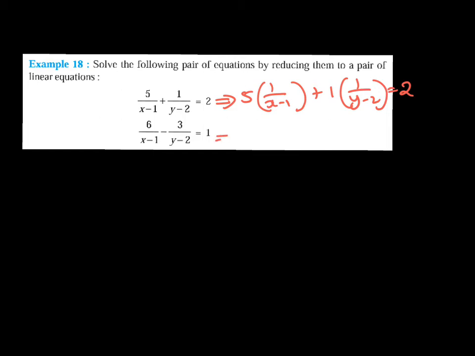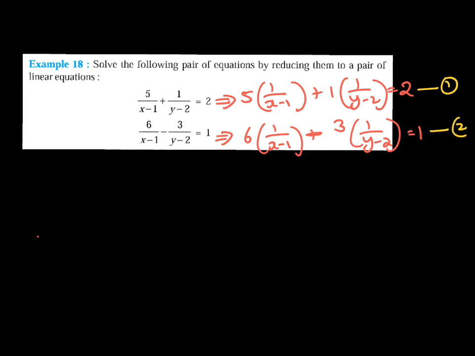And the second equation, let me write it as 6 times 1 over x minus 1 minus 3 times 1 over y minus 2 equal to 1. Let us label these equations as 1 and 2.